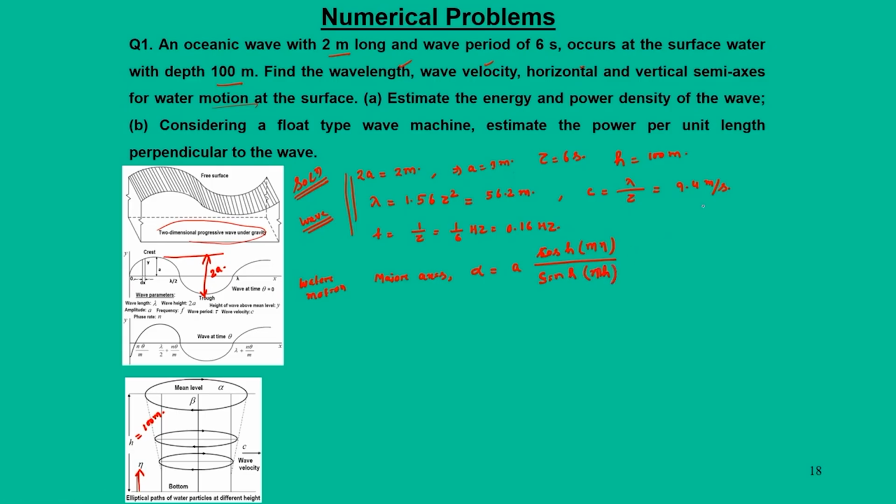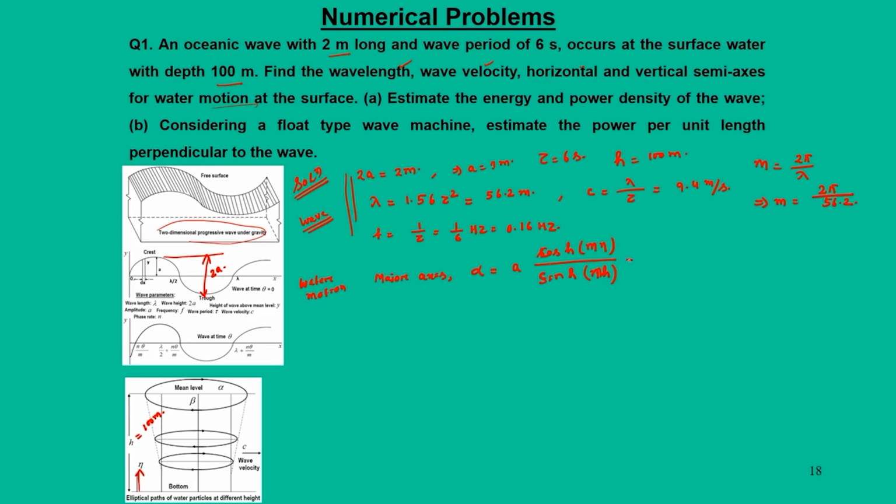So, m times h. What is m? That is equal to twice pi by lambda, that is twice pi by 56.2.